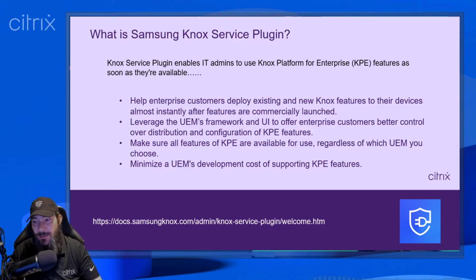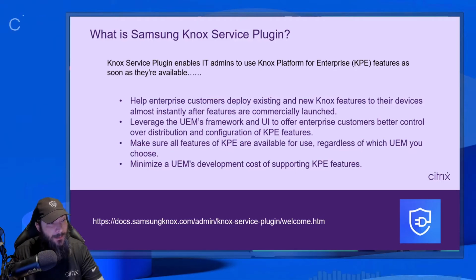And in this case, it's the Samsung KSP, Knox Service Plugin app. So it helps enterprise customers deploy existing and new features much faster. And it leverages the UEM framework and the UI to offer those integrated KPE features.